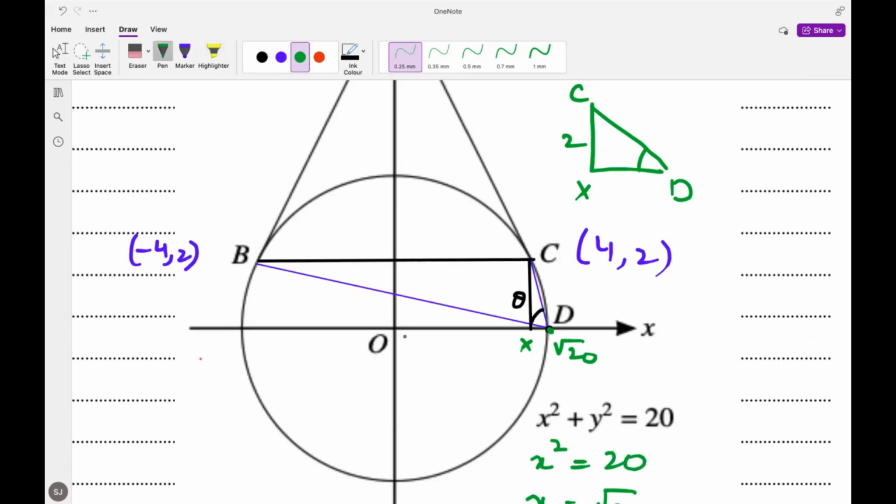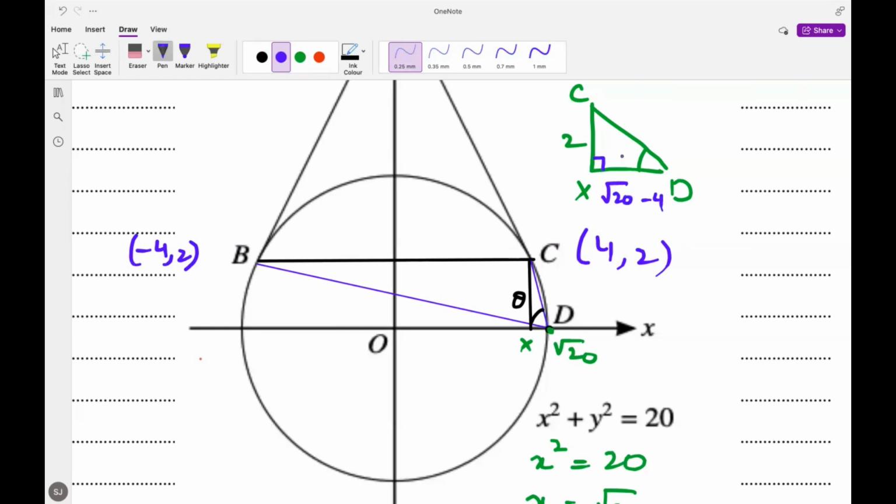From O till D, the total length is square root of 20, and from O till X, the total length will be 4, as the x coordinate of C is 4 and we have drawn a perpendicular line from C till X. So the length XD will be square root of 20 minus 4.